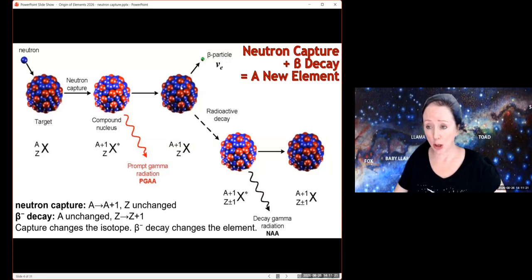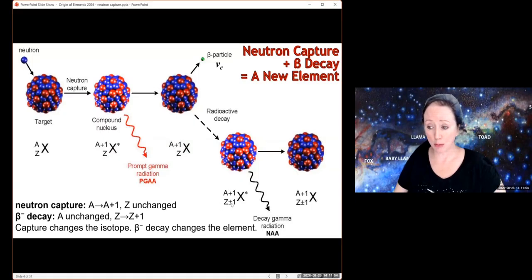So we've gained a neutron, but now that neutron is going to eject a beta particle, which is an electron, and a neutrino, and what we're going to get is a proton instead of a neutron. So now we've decayed by converting a neutron to a proton, and now we've got still the same mass, but we've got Z plus 1.